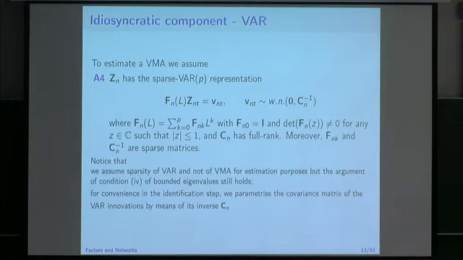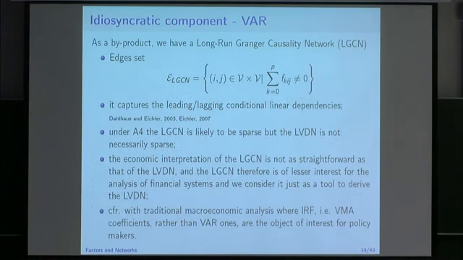Each entry ij of this matrix is measuring the conditional dependence of zi on the past of zj, given the past of all the other series. That's a natural thing that can be plotted as a graph. Indeed, there are works by Dahlhaus and Eichler that propose this as a graphical version of VAR. It's interesting, but it's not interesting for us in terms of looking at it as a network.